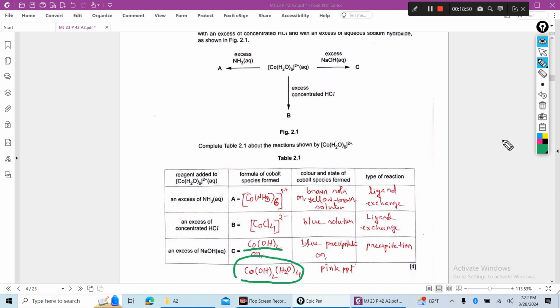Cobalt 2 hydroxide is a precipitate, a blue precipitate, or you can write pink precipitate. The type of reaction is precipitation. As a precipitate is formed, the reaction type is a precipitation reaction.